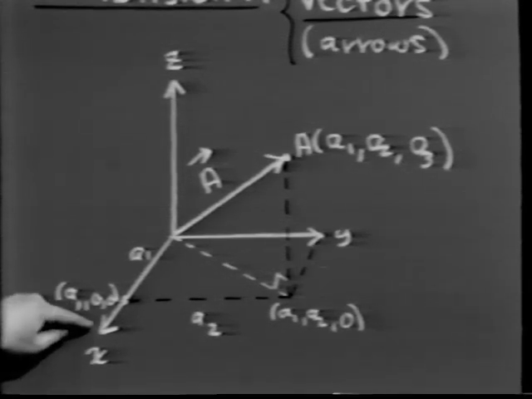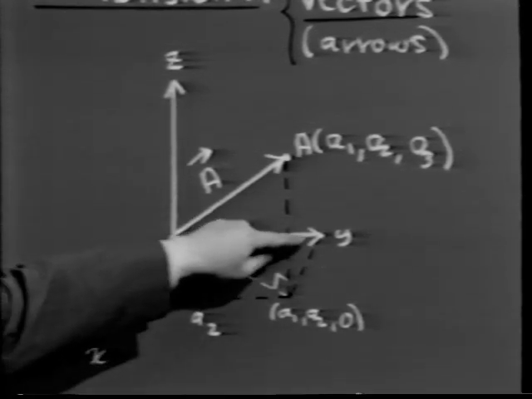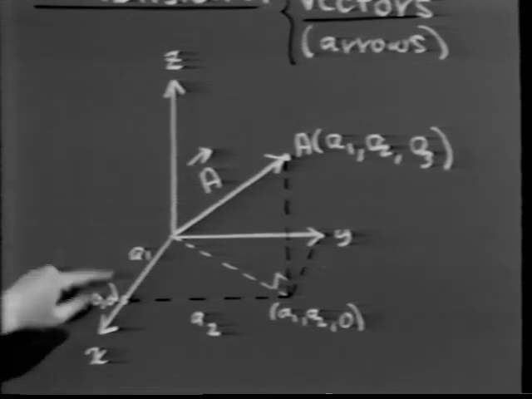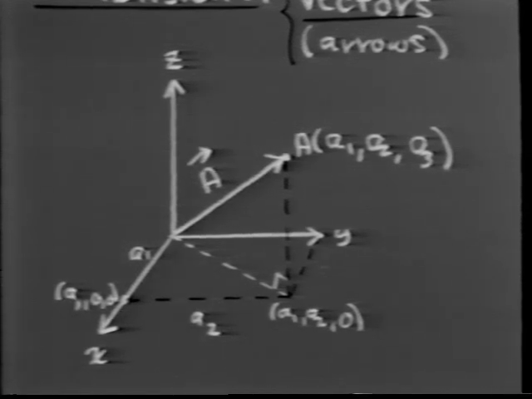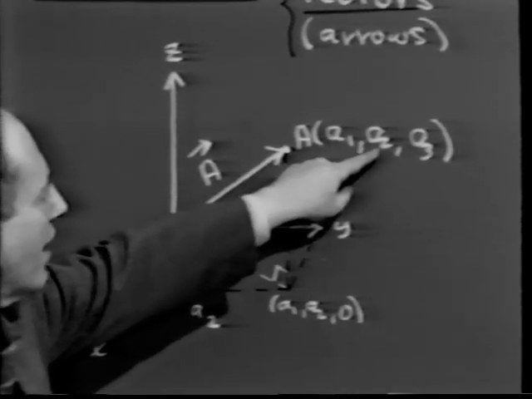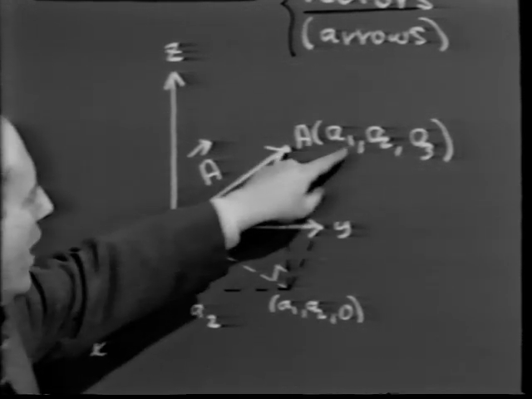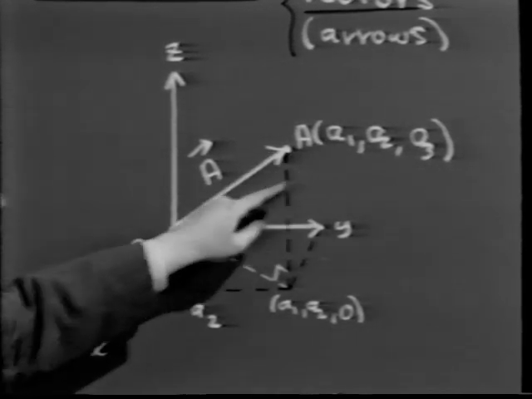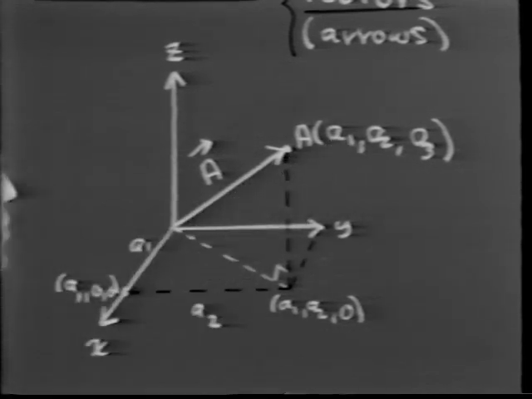But at any rate, let's imagine this three-dimensional coordinate system, three-dimensional Cartesian coordinates. The convention is that just as in the plane, we label the point by its x and y components, in three-space, a point is labeled by its x, y, and z components.